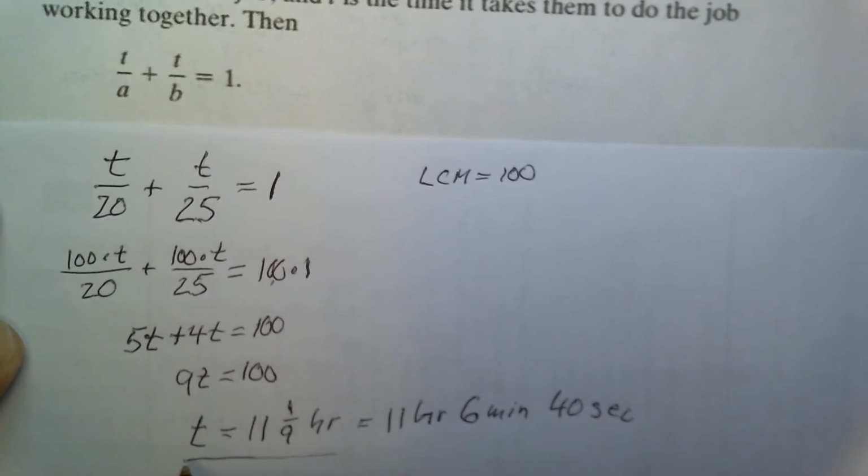So the answer is 11 hours, 6 minutes and 40 seconds. This is more helpful, because we typically don't think in 1/9 of an hour. So that's how we can solve work problems.